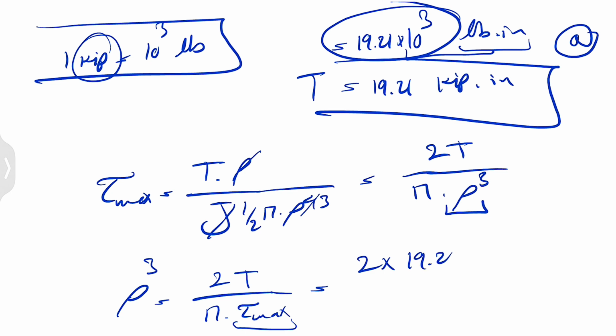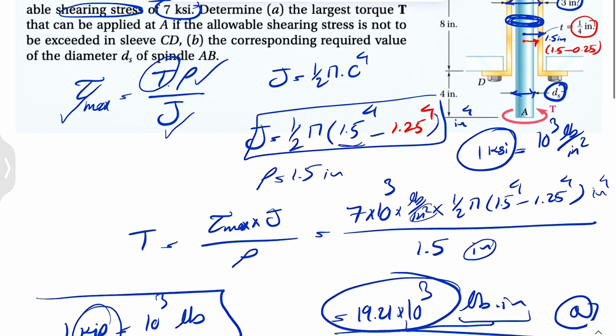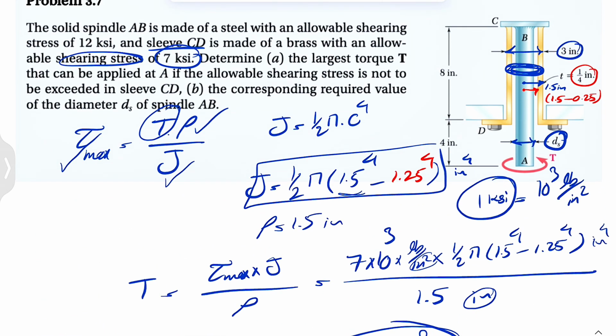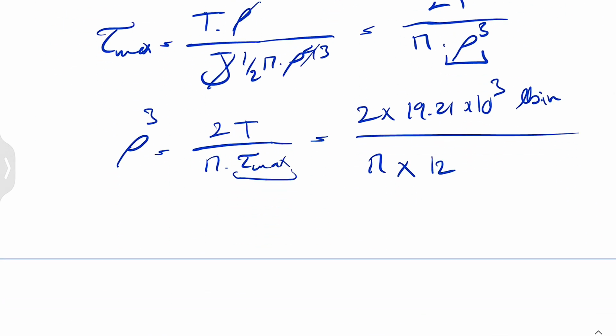So 2 times 9.21 times 10 to the 3 pound inch here, and in the denominator, we have pi, and we have to use the maximum allowable stress for the spindle, which is 12 ksi, so 12 times 1000.